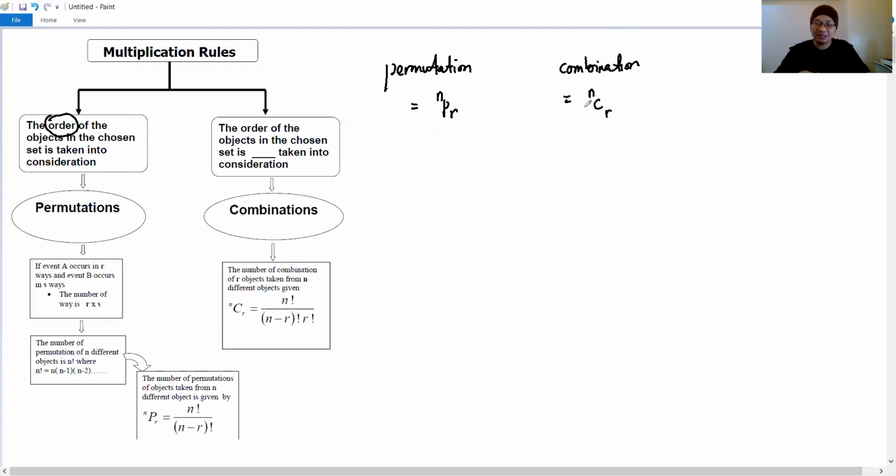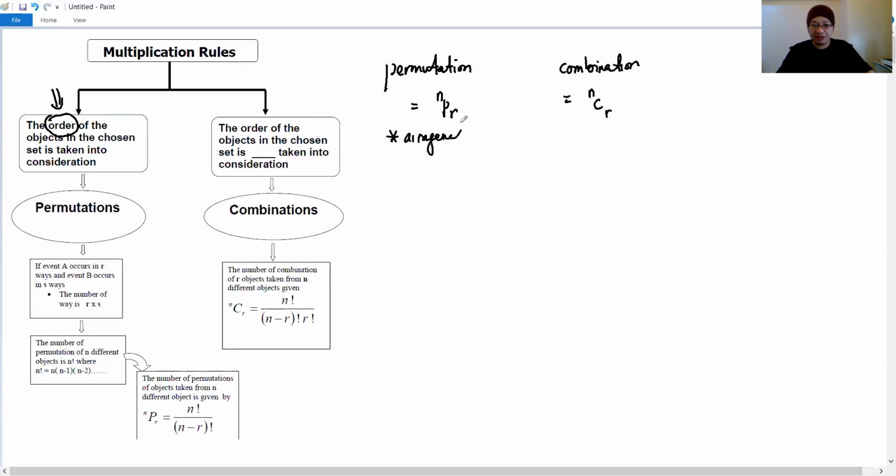That's number 1. Okay guys, what are the keywords? What is so important about permutation? Permutation, or pilihatur, means you need to consider the sorting or order. The word order is very important here. That means you need to know how to arrange.